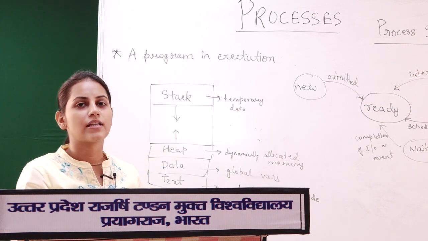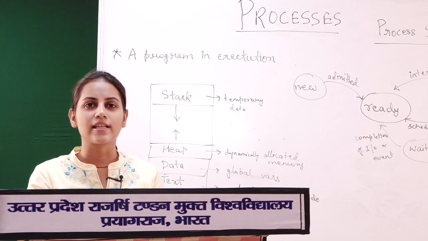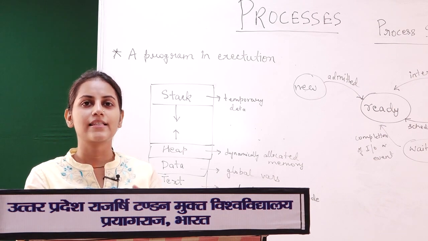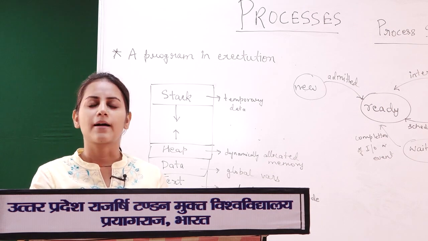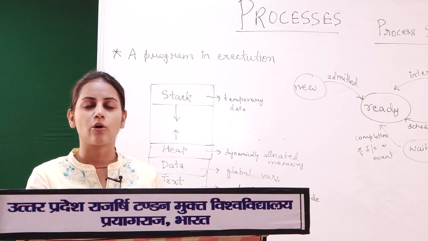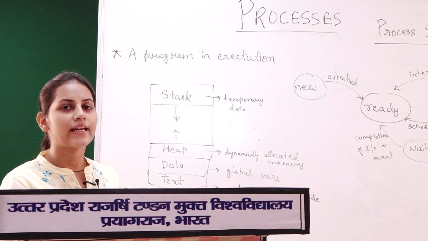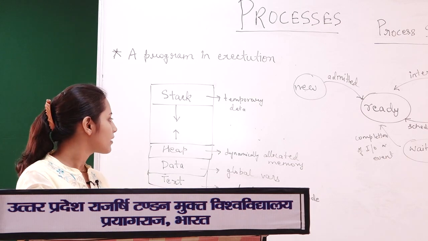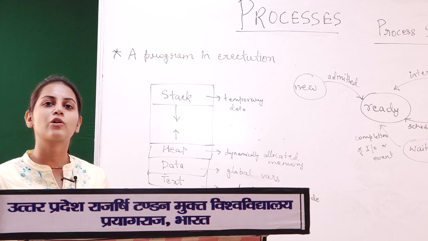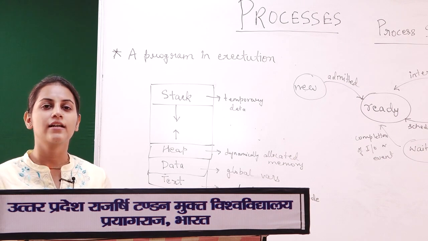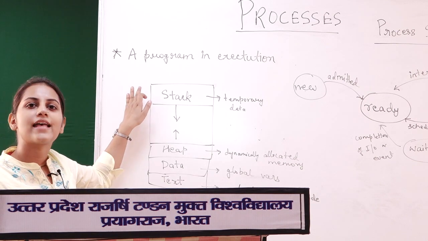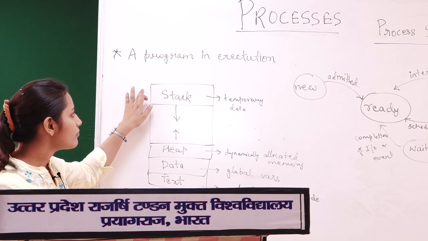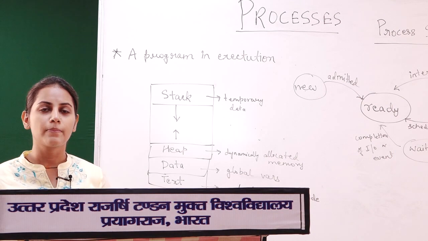The main difference between a program and a process are a number of factors that are associated with a process. A program is something that is kept on your disk in a file, while a process is kept in the memory. And there are different types of information that are associated with a process, such as every process has its stack that contains temporary data.